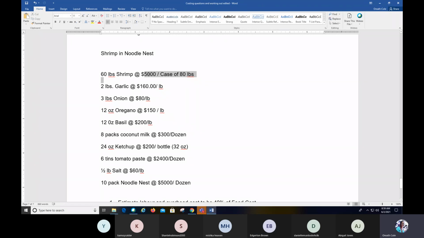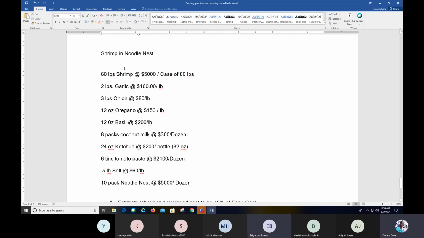That means this is how we buy it, but this is what we need to find the cost of, because we're trying to find the cost of the recipe items. So we know how we buy it, but we must find the cost for the recipe itself.